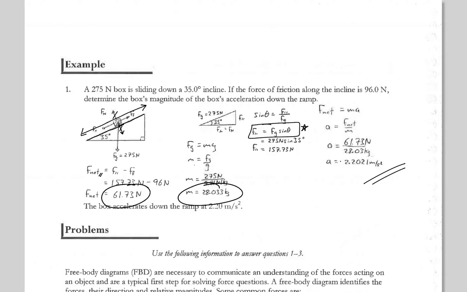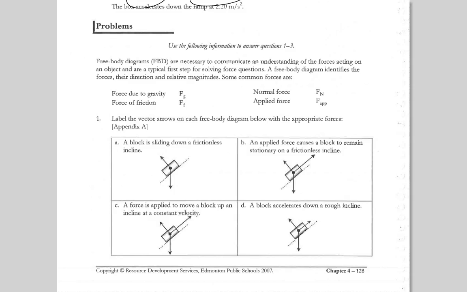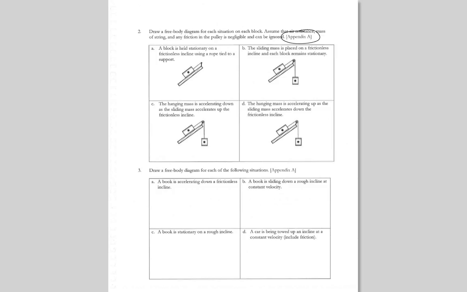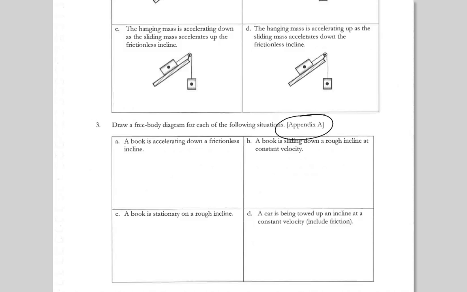With the problems, they're going to be giving you appendix questions with free body diagrams. That's going to be part of your homework, so I'm going to leave that as an exercise. Let's do a couple questions together so I get you started on your homework, and then I'll let you be.